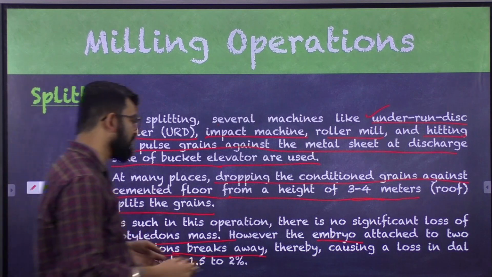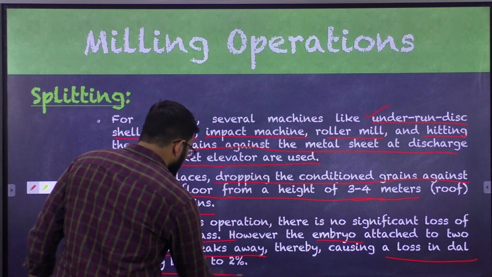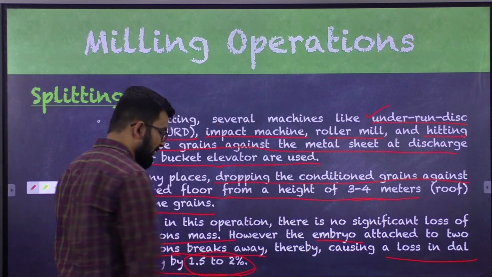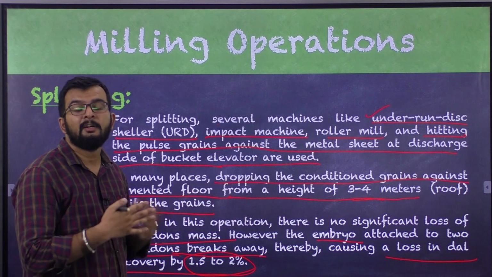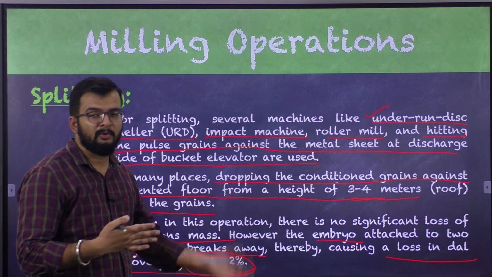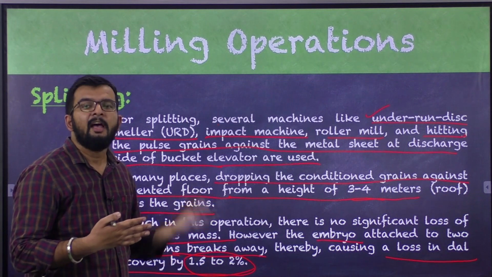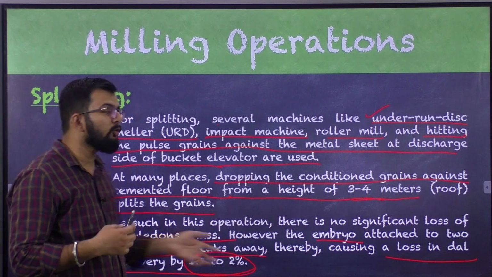The embryo is lost, thereby causing a loss in dal yield of about 1.5 to 2%. So when you are splitting these two cotyledons into separate parts, the embryo gets lost, which in turn decreases the recovery rate by 1.5 to 2%.